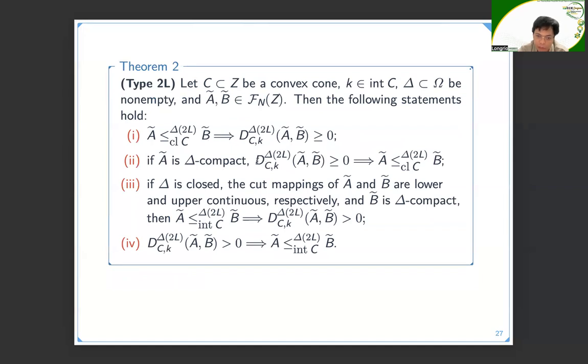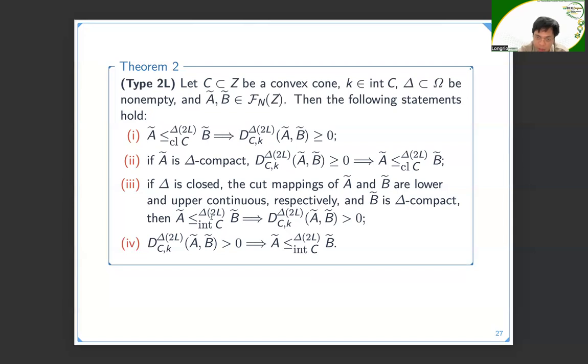Different assumptions, but this object is inferior to this object implies a positive difference evaluation function. The converse is true when this is delta compact.